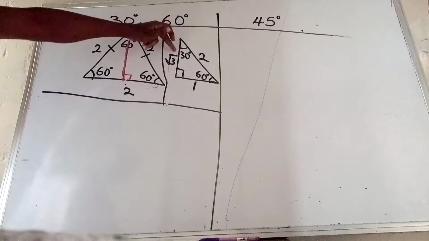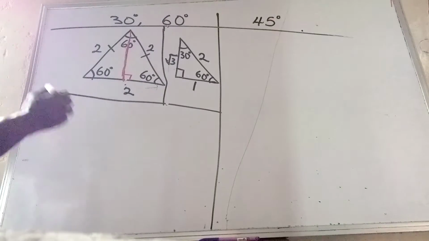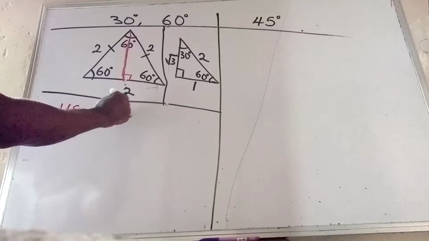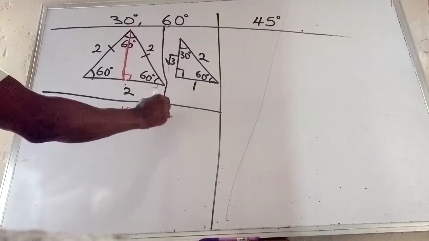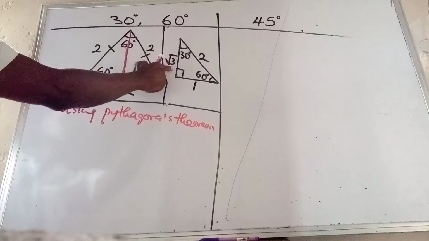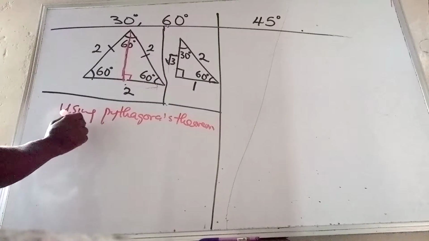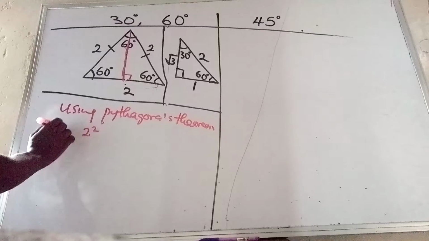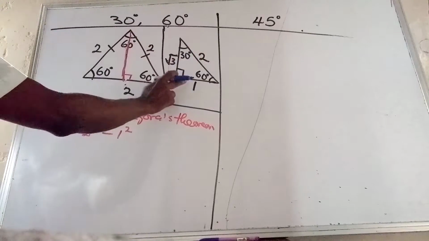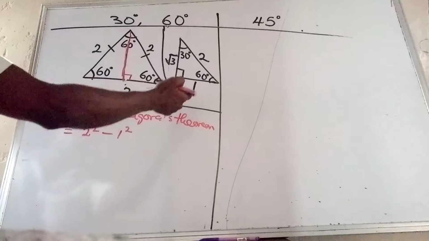You know how to get this? You use your Pythagoras theorem. Using Pythagoras theorem, this side will be equals to 2 square minus 1 square, because this is hypotenuse square minus adjacent square or opposite square, whichever one you call it.